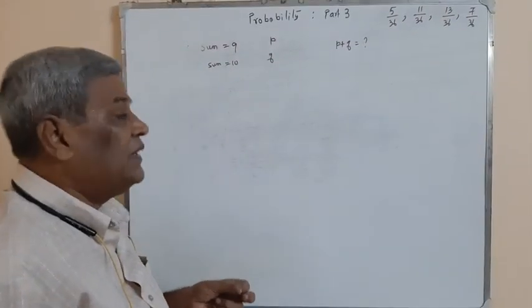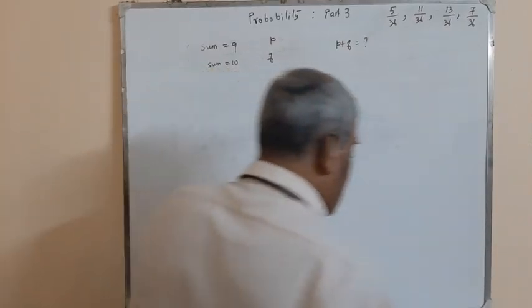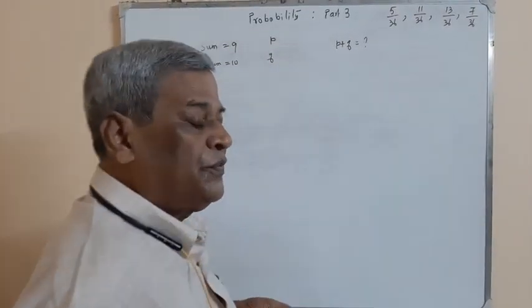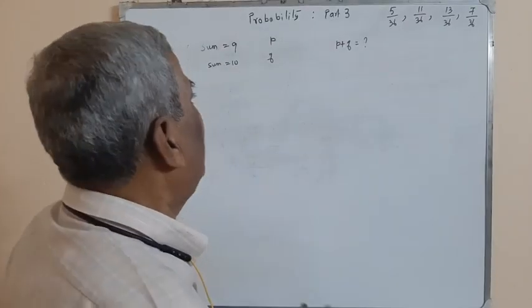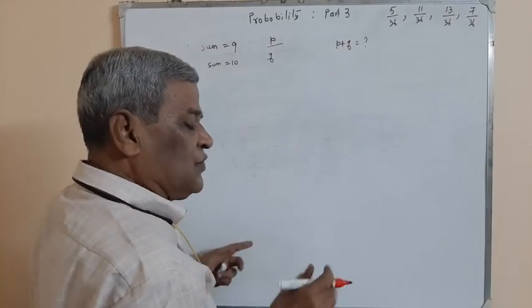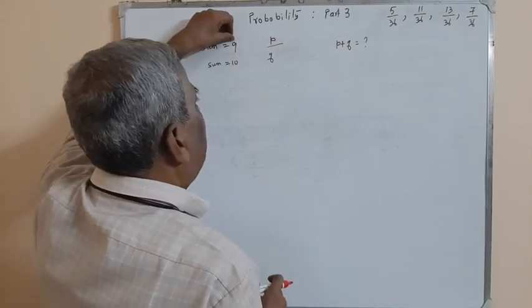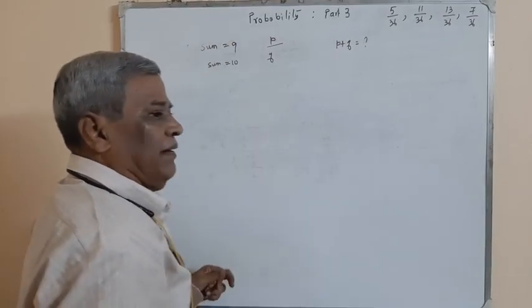Once again, I am repeating the problem. A pair of fair dice is thrown together. P is the probability that the sum of the faces is 9 and Q is the probability the sum is 10.